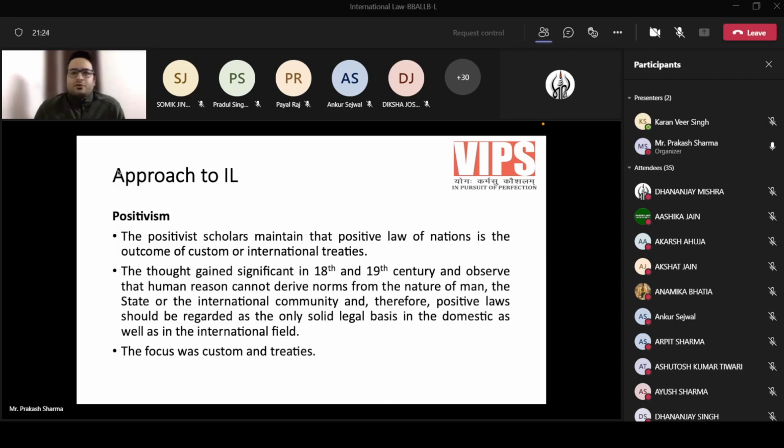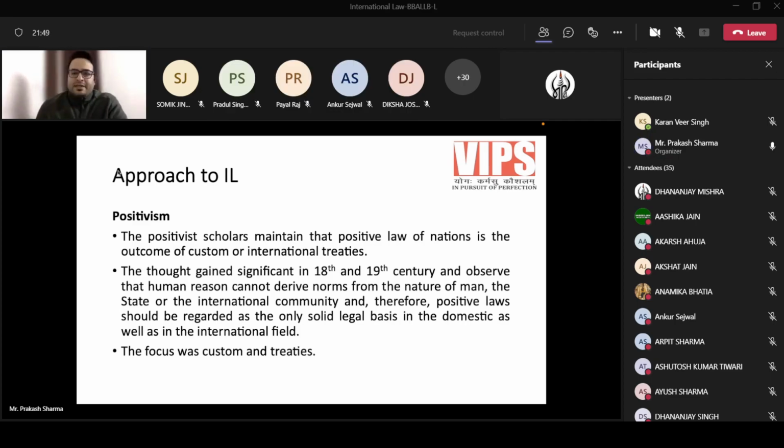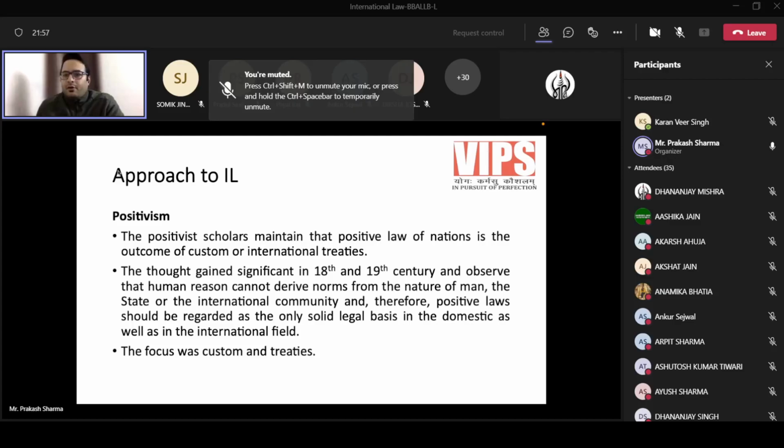Sociological law school, though in recent times we are greatly influenced by newer schools: the revived natural law school, the sociological law school, the realist law schools, and most recently a new school already in existence in Western philosophies, the critical legal theory school, right? Which has its roots in legal realism. That's also a school which is emerging, and in recent times we are seeing its influence in the Indian setup.